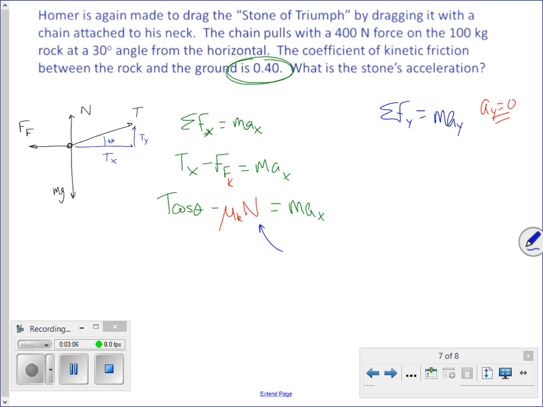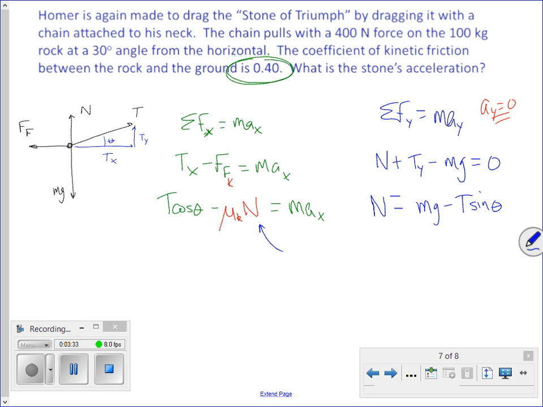So this gives us normal plus Ty minus mg is 0, or normal equals mg minus T sine theta. Ty is T sine theta. We've got to be careful here not to just say that normal is mg. Sometimes, but not here.